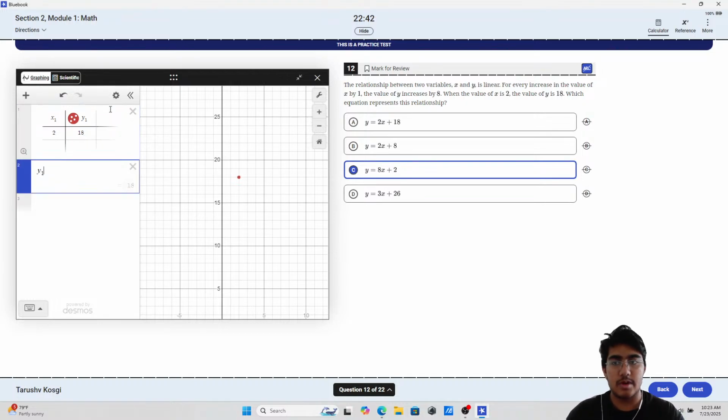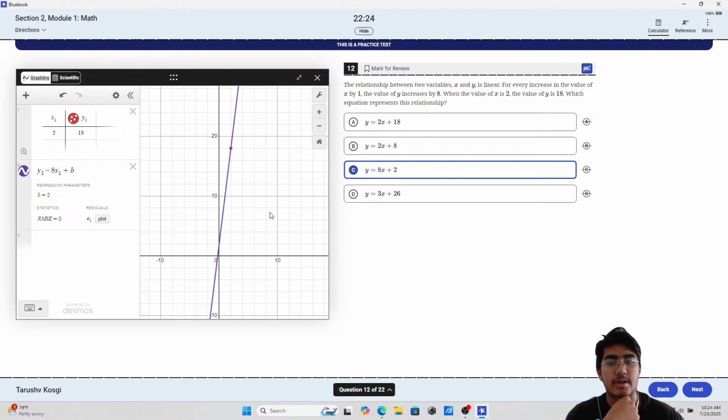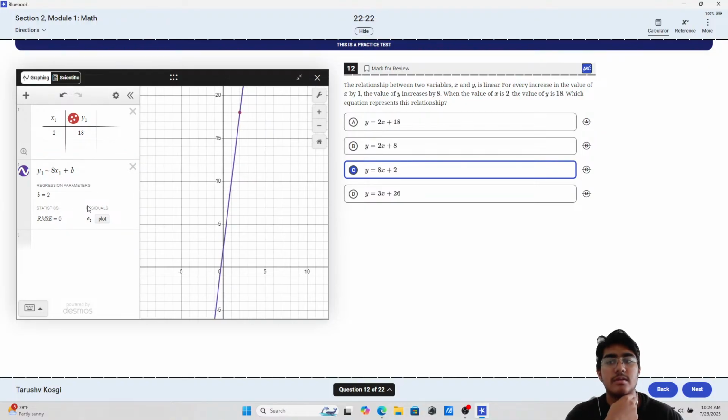And y1 is equal to ax1 plus b. So it does in fact go through that point there. See with the r squared. So the slope is definitely 8. And yeah, that all looks fine to me.